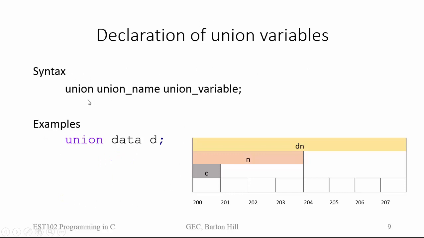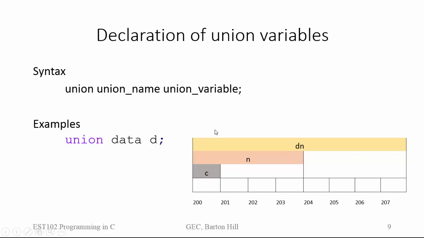The syntax is the keyword union, then the union name, then the union variable and a semicolon. For the example union data that we defined in the previous slide, the syntax for creating the variable is union data d, and it will allocate memory like this.